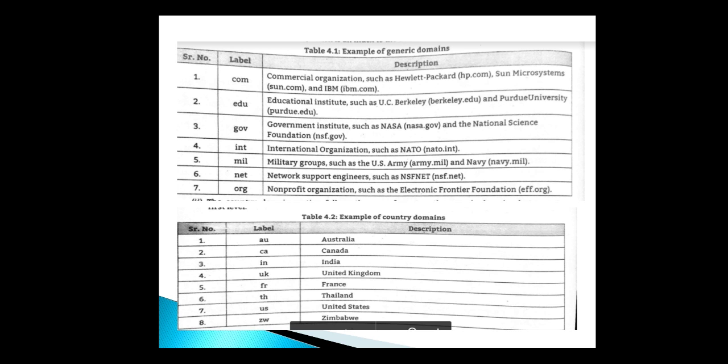Some of the domains are country domains, that is AU for Australia, CA for Canada, IN for India, UK for United Kingdom, US for United States, TH for Thailand, FR for France, and ZW for Zimbabwe.